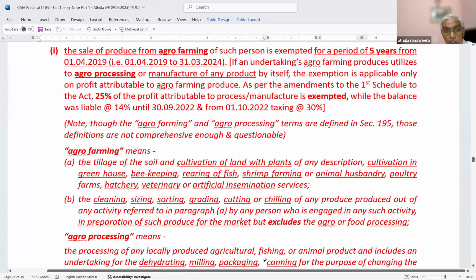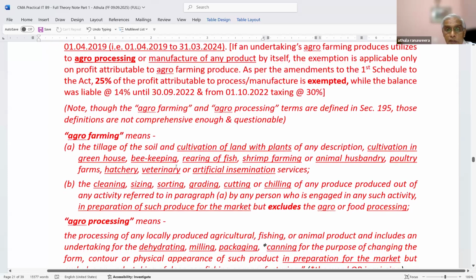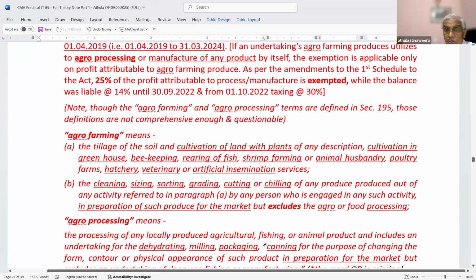The tillage of soil and cultivation of land with plants of any description, cultivation in greenhouse, beekeeping, rearing fish, shrimp farming, animal husbandry, see animal husbandry is there, poultry farms, hatchery, veterinary or artificial insemination services.